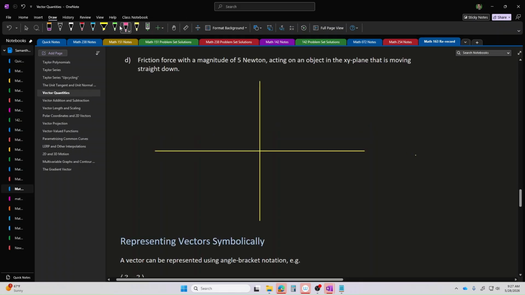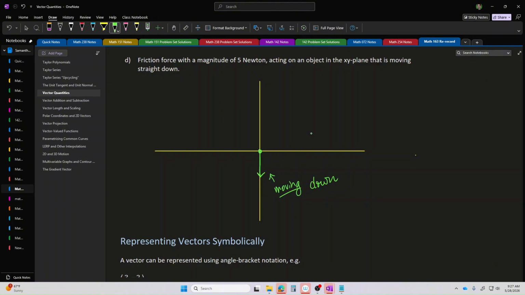So in the xy plane, my object is moving down, but down is not going to be the direction of the friction force vector. Friction always acts in the opposite direction of movement.